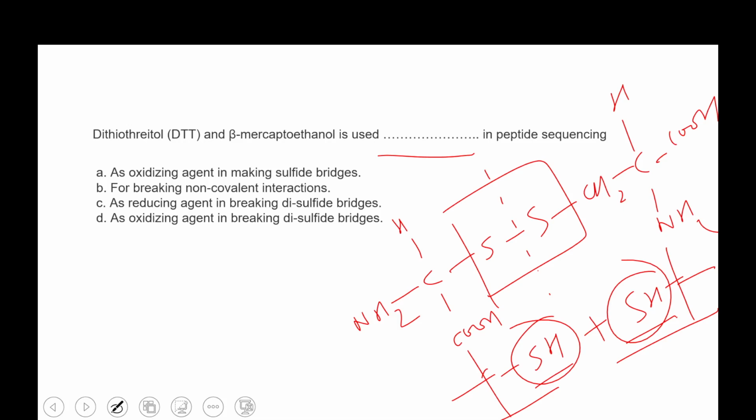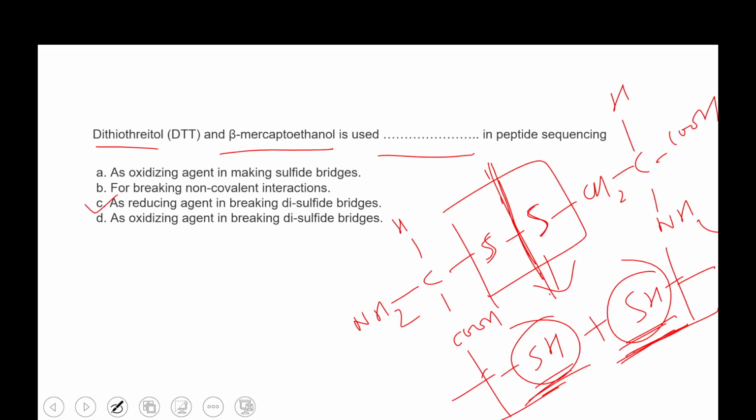If after the reaction it is performing reduction, it is referred to as a reducing agent, and if it is performing oxidation, it will be referred to as an oxidizing agent. In the case of DTT and beta mercaptoethanol, they reduce the sulfur present in the cysteine structure, and that is why they work as a reducing agent and break the disulfide bond.